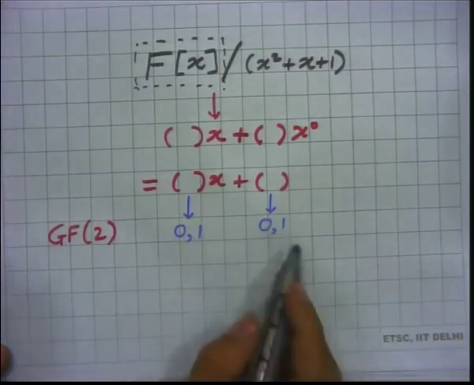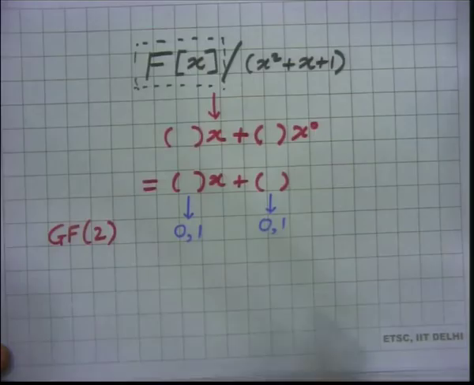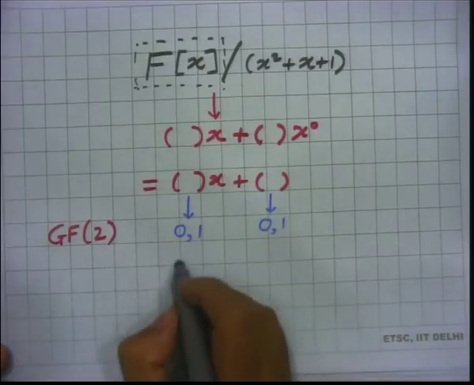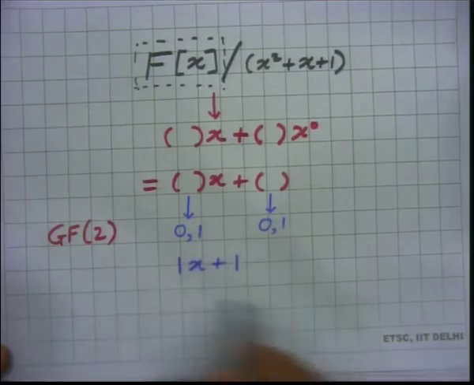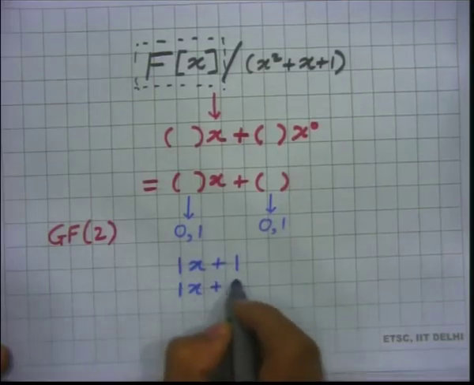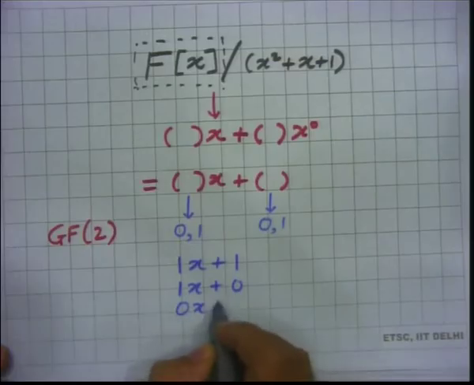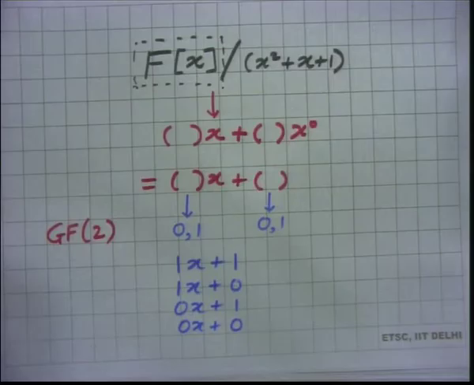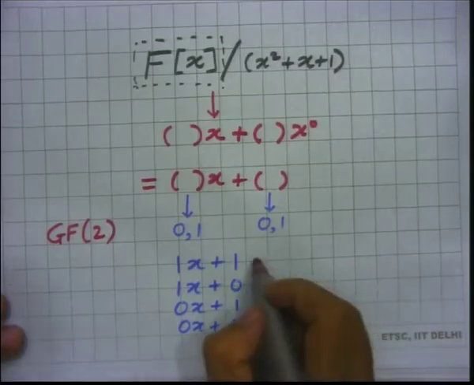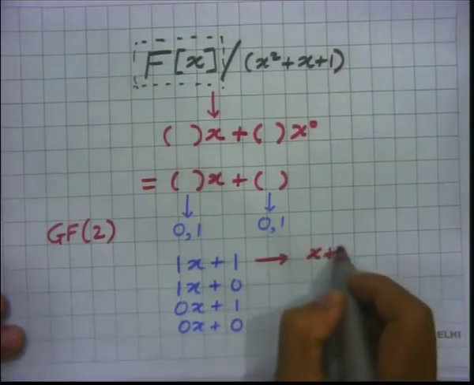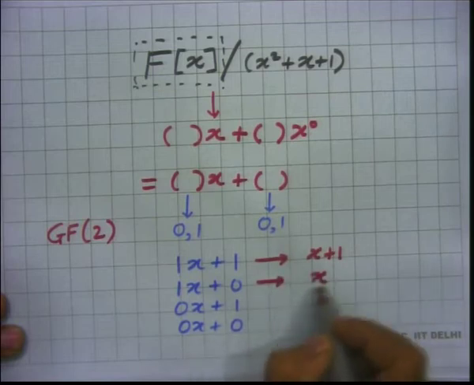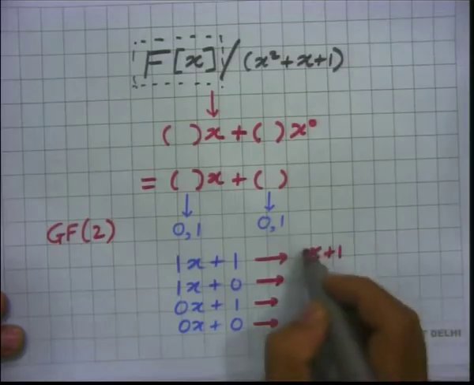So, we can have at most 4 distinct polynomials here. Which are they? 1x plus 1, 1x plus 0, 0x plus 1, 0x plus 0. If you write it out clearly, we are looking at the polynomials x plus 1, x, 1 and 0.